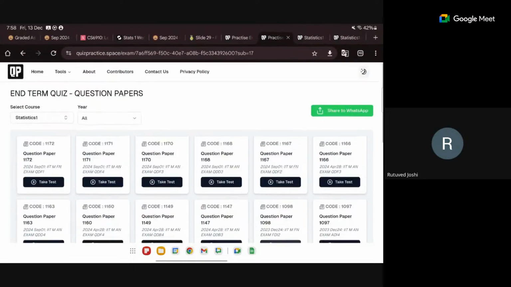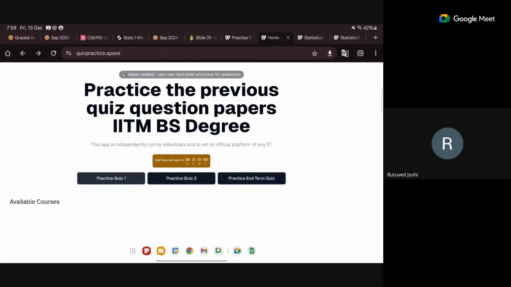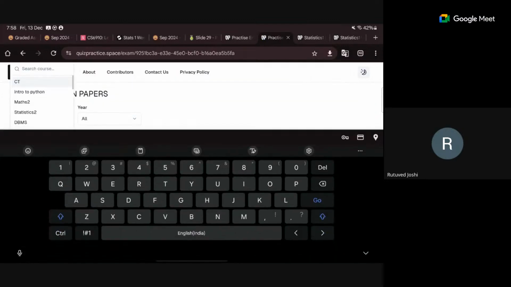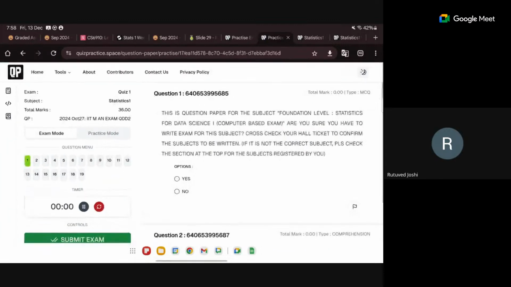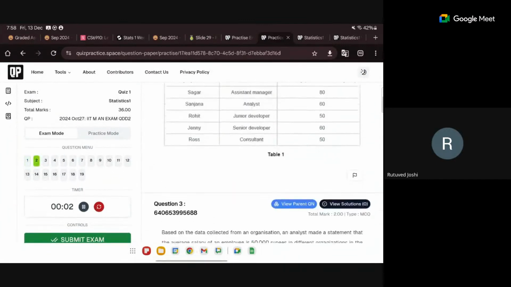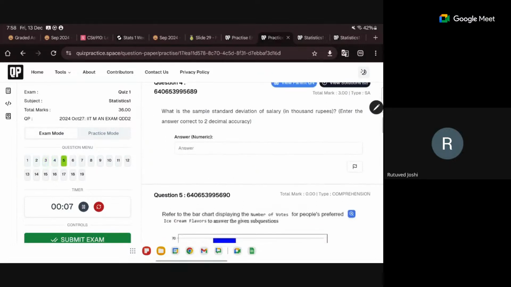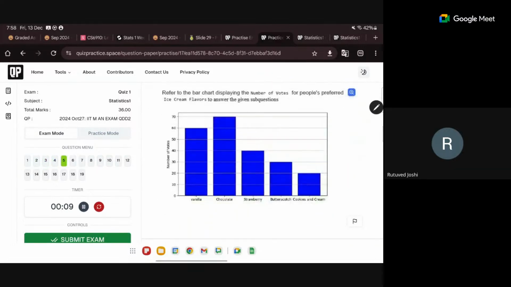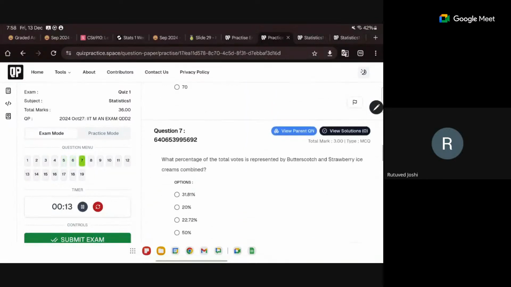Maybe you can try. Let's try. You can go to quiz 1, then write statistics 1, and then you'll see the similar questions which we did today. So this is descriptive statistics: what is a descriptive study, find the standard deviation, what kind of bar chart is this, find the mode of the data set.